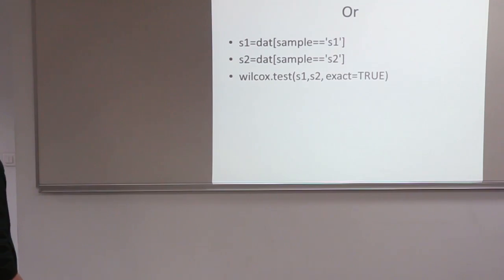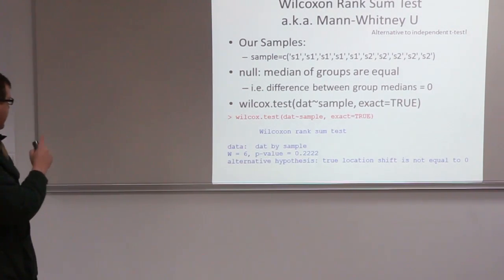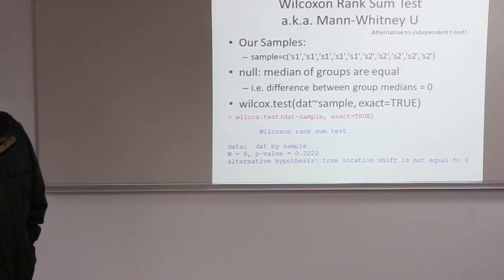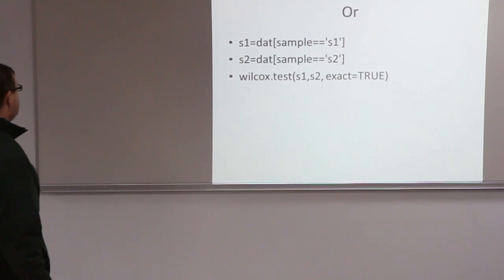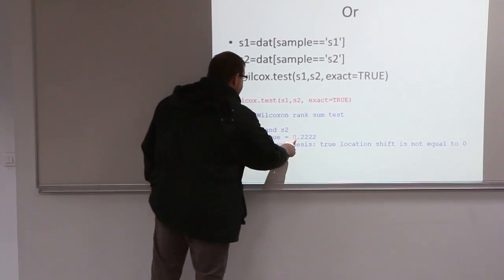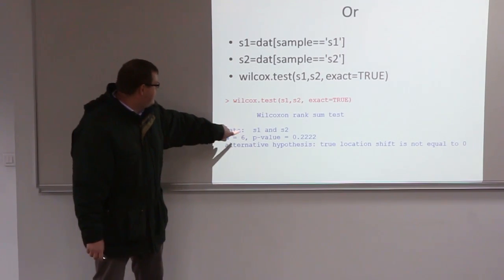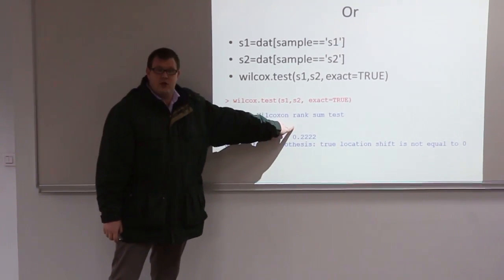Okay, so if we do this, let's see what we had before. We had W equals 6 and a p-value of 0.222, so we should get the same thing, since you can do it either way. So W equals 6, p-value equals 0.222. Notice here, data says S1 and S2, right?